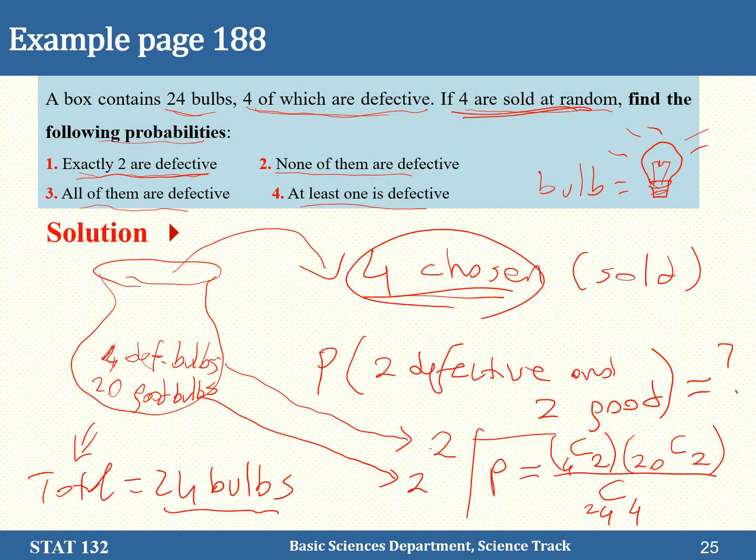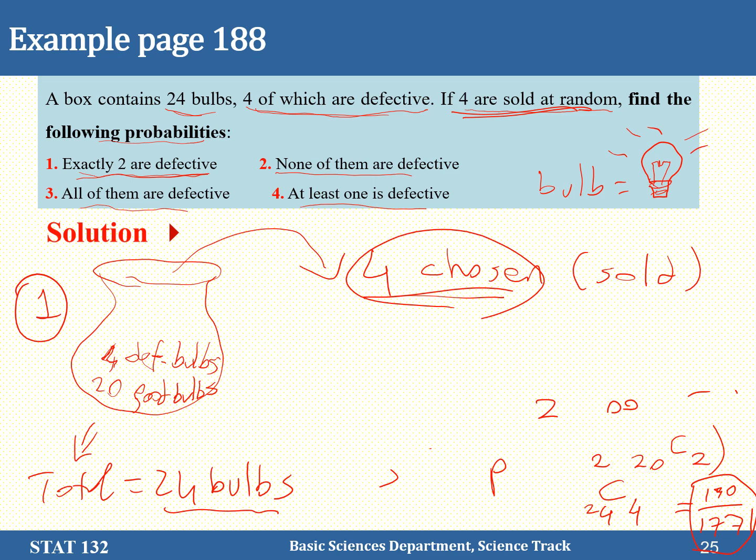Now if we calculate this one, the probability here will be equal to 190 divided by 1771. So you can do it with a calculator. Now this was the answer of 1, and now the second one.